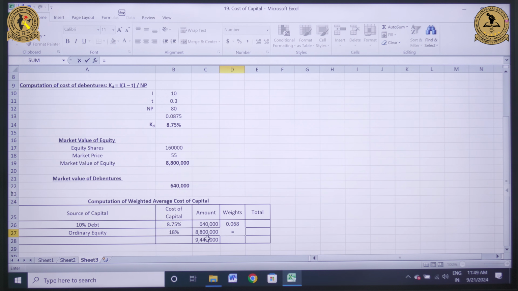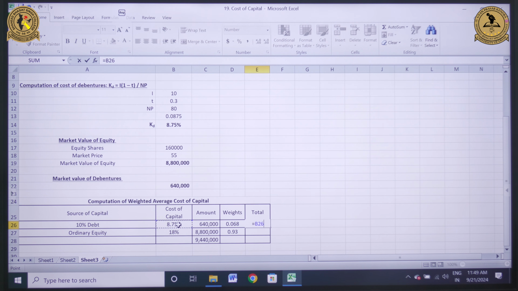In a similar manner, I need to calculate the weight for ordinary equity. So equals to 88 lakh represented by C27 divided by 94,40,000 represented by C28 and press enter. It comes out to be 0.93. The next is to multiply the weight with the respective cost of capital.